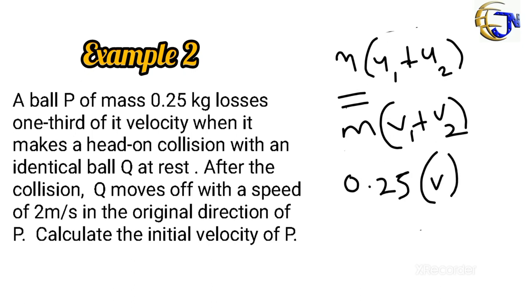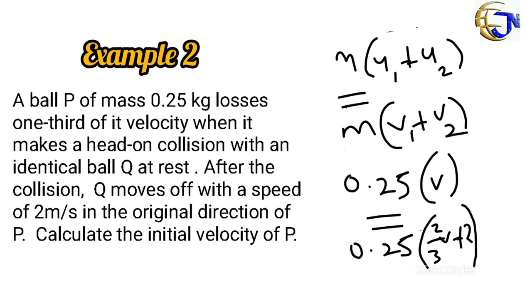So this is equal to 0.25 again times V1 plus V2. Remember our V1, we got it as 2/3V, you know how we got it, plus our V2 was given as 2.